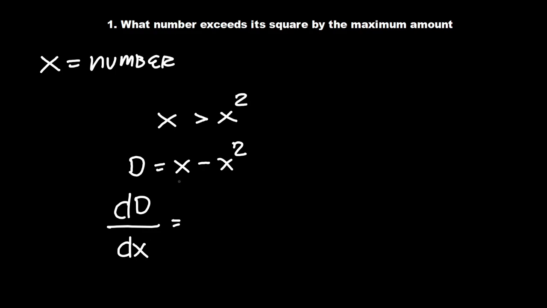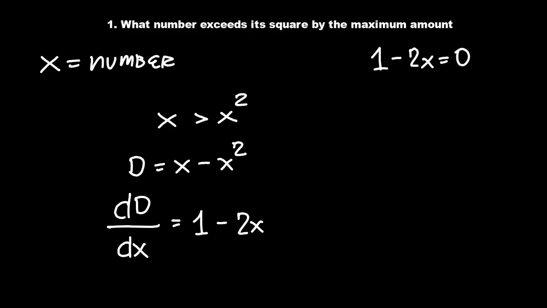The derivative of x would be equal to 1, and the derivative of x squared would be equal to 2x to the power of 1, or simply 2x. Next step would be to get this one and equate this to 0, which would be 1 minus 2x equal to 0.